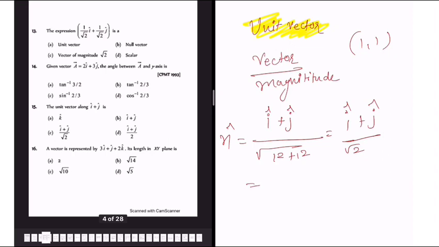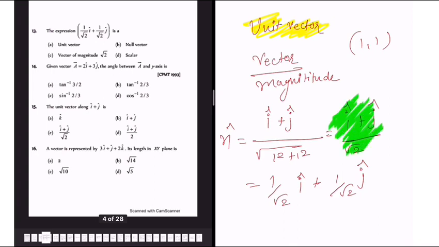Now separated, 1 by root 2 I cap plus 1 by root 2 j cap. But this is your answer, I cap plus j cap upon root 2. This is your answer. Okay. Which is answer C here.